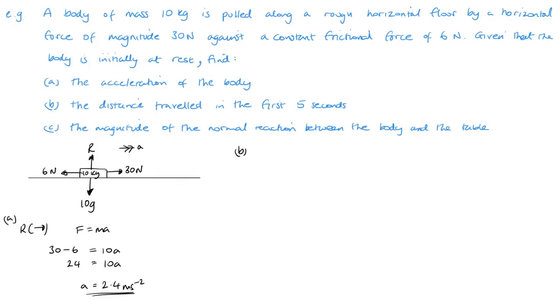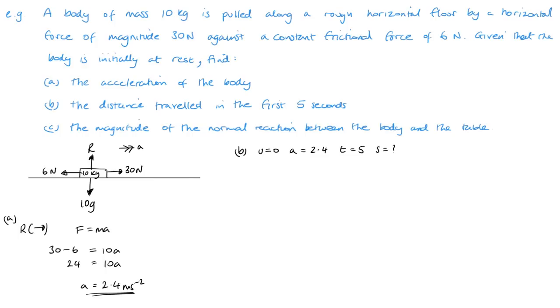Now part b is the distance travelled in the first 5 seconds. So at this point, we're going to abandon our forces because we've got the acceleration and it's a constant acceleration. That means we can use suvat. It was initially at rest, so u equals 0, a equals 2.4, t equals 5 seconds, and s is what we want to find.